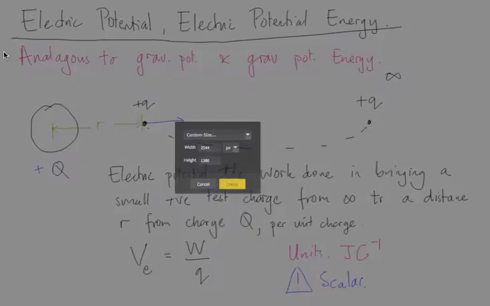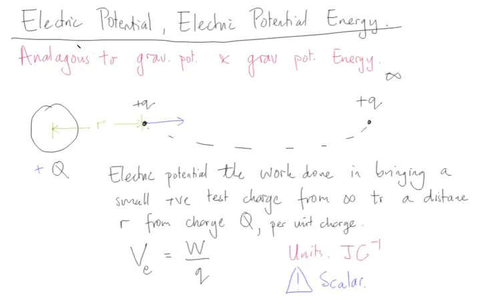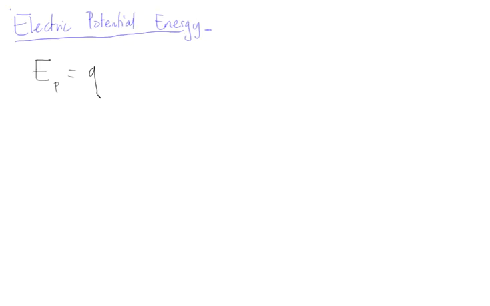Let's take a new slide and talk about electric potential energy. Electric potential energy is given the symbol EP, and it's simply equal to the charge multiplied by the electric potential.